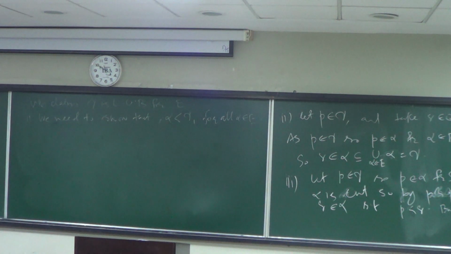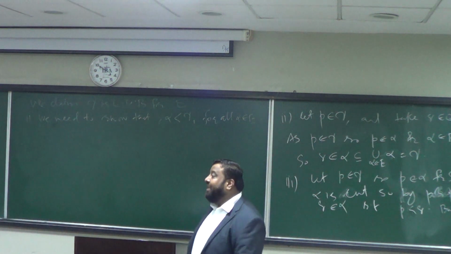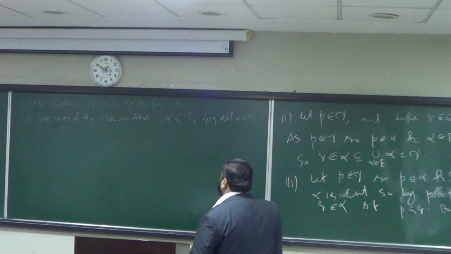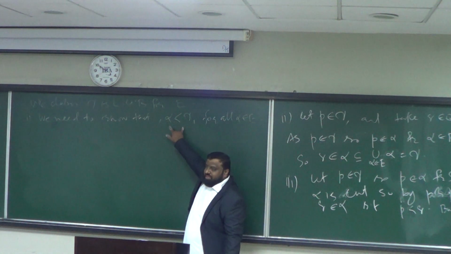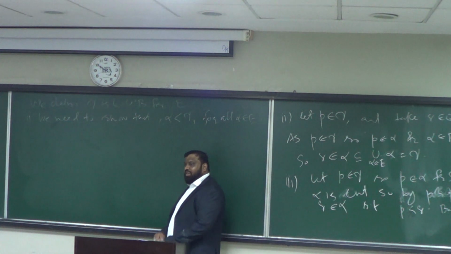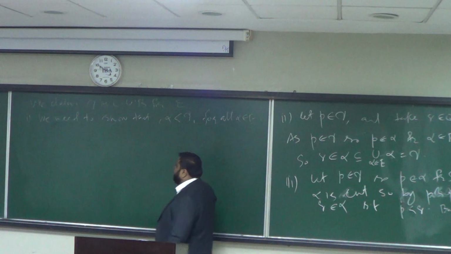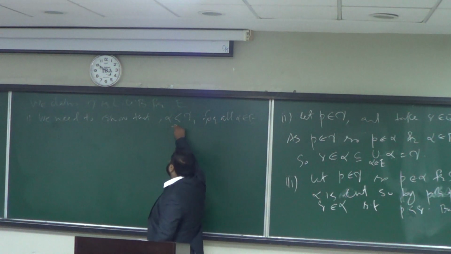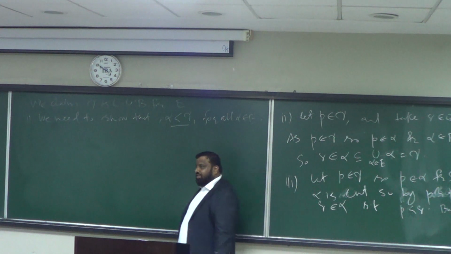I would like to prove this property first. You forget about the second thing. We'll pick an element from E. First of all, we need to reflect upon the meaning of comparing a cut with another cut.